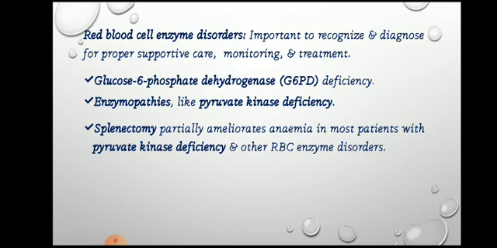While the next one is splenectomy, which is partially effective and ameliorates the anemia in most patients with deficiency of the enzyme pyruvate kinase and certain other red blood cell enzyme disorders. So these are a few of the diseases.